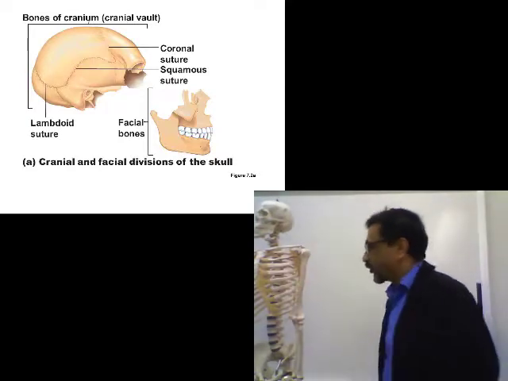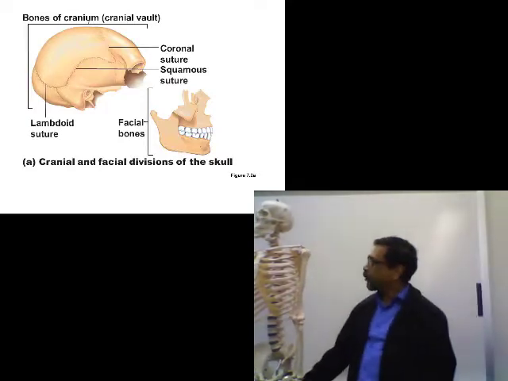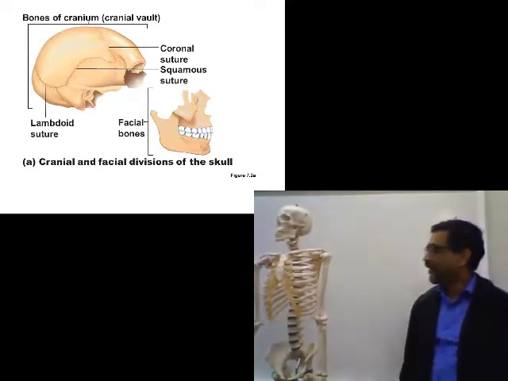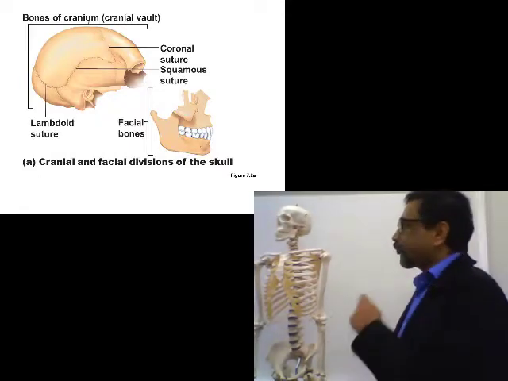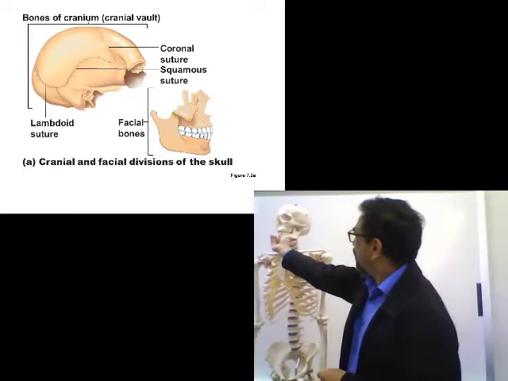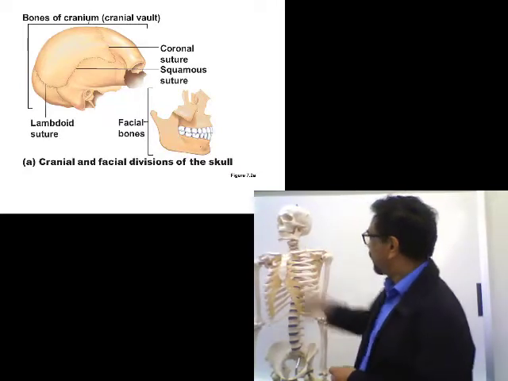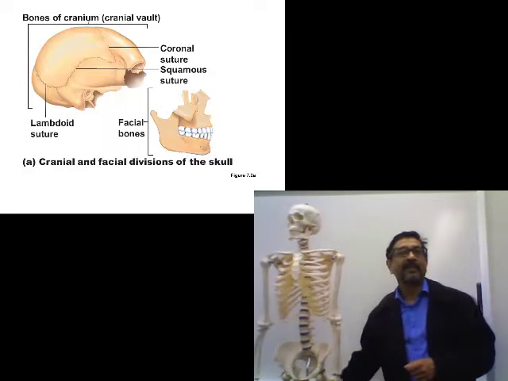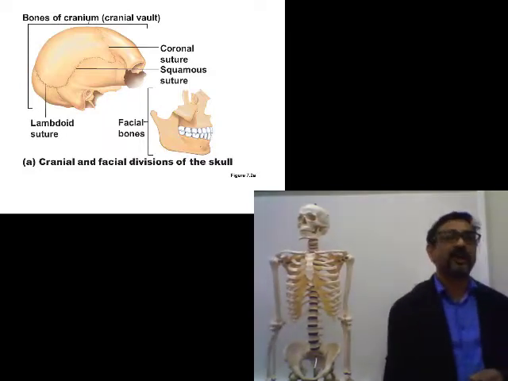Now facial bones, as I have mentioned, form the framework of the face, and they form some important cavities in which important sensory organs are located.